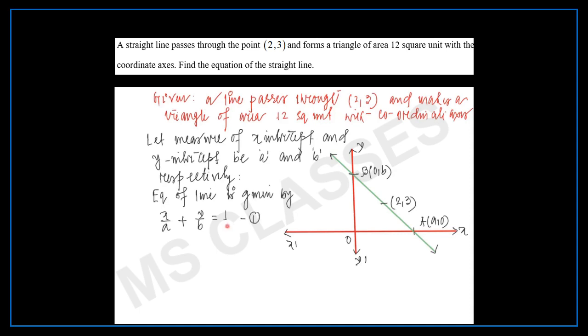Now this line is passing through 2 comma 3, so it must satisfy the equation. Since the line passes through 2 comma 3, it must satisfy the equation.